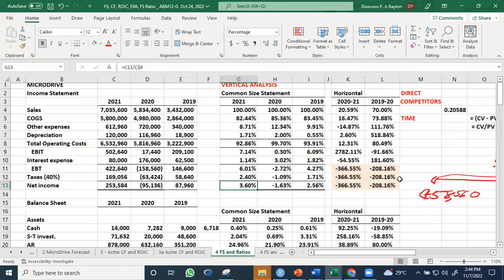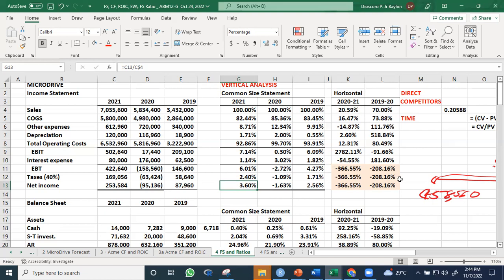If 3.6%, is much higher than the performance of the direct competitor, then we can say that the company is performing well. Or relative to the industry, if we have the average industry profit margin, then we can make certain inferences about the performance of the firm.